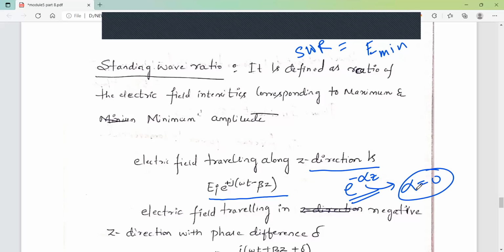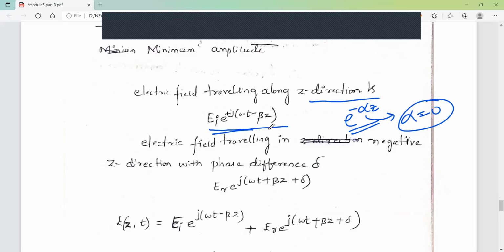That is, there is no attenuation of the wave when it is traveling through either free space or a perfect dielectric medium. So e to the power minus alpha z, where alpha has been considered as 0, is 1. So we have removed that term from here. So the incident wave is only having e to the power j omega t minus beta z. That is only the phase component. So that is the incident wave traveling along the z direction.